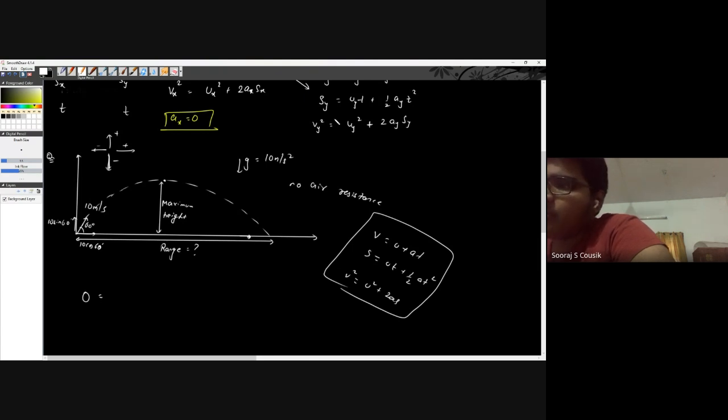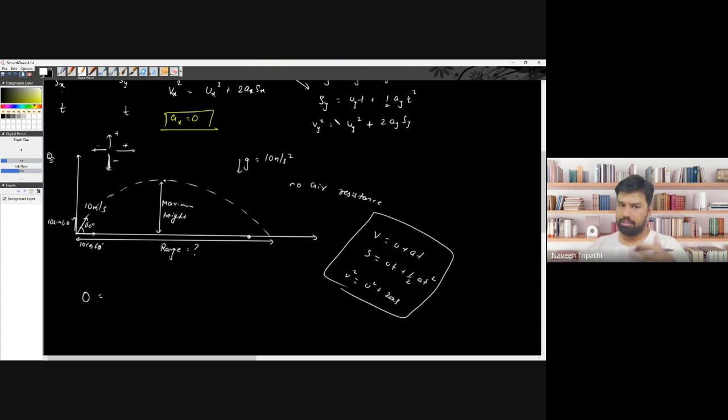The displacement is minus 1.39 meters, since I took acceleration as negative. If I take acceleration as 10 meter per second square, it'll be 1.39 meter. That's the maximum displacement, the maximum height. Fine. Find everything: maximum height, range, time.